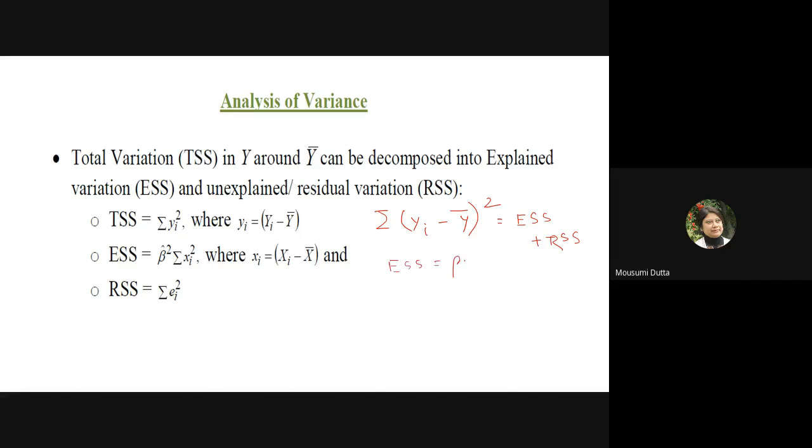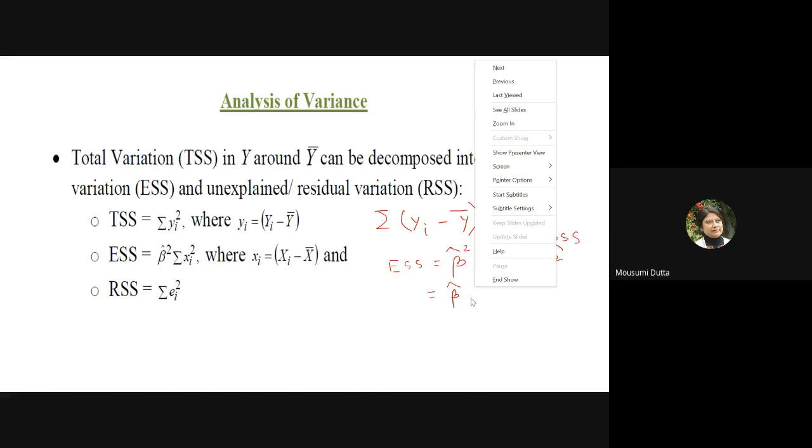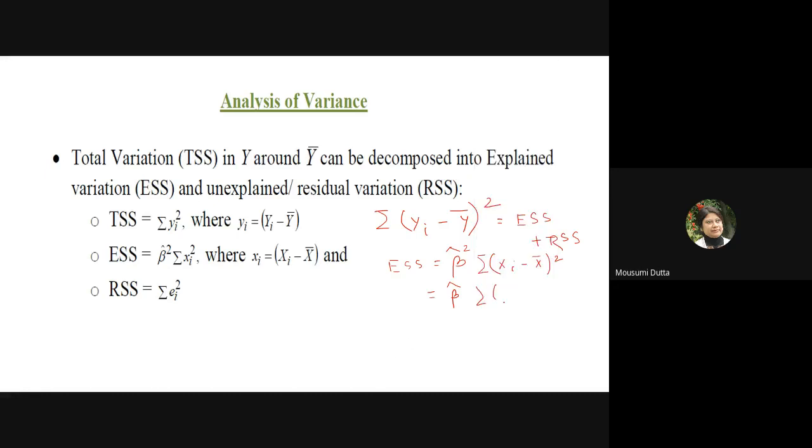The ESS is beta hat square summation xi minus x bar square. This can be also presented as summation xi minus x bar into yi minus y bar times beta hat. Are you understanding the equivalence between beta hat square summation xi minus x bar square and this term? The formula for beta hat.